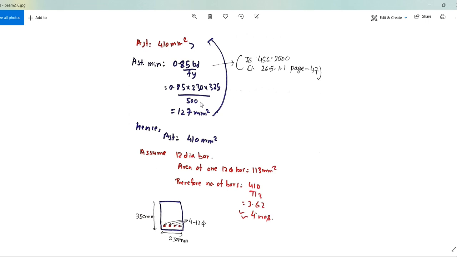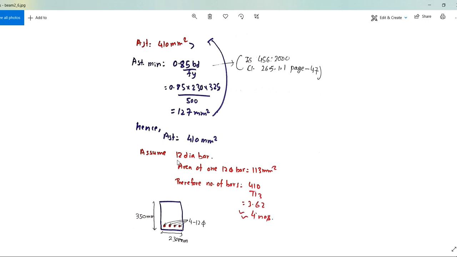Upon substituting all these variables, we get 127 mm square as Ast minimum, which is far lesser than the reinforcement that we got. So our final reinforcement is 410 mm square.